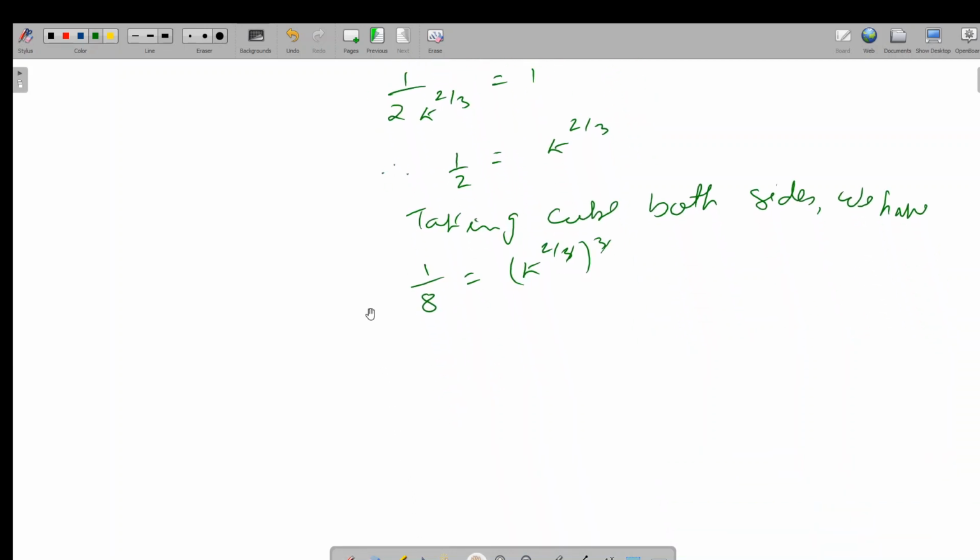So we are going to get the final result as, therefore 1 by 8 equal to k square, or we can say that therefore 1 equal to 8k square. So the two curves will be orthogonal if 8k square equal to 1. So this is our result.